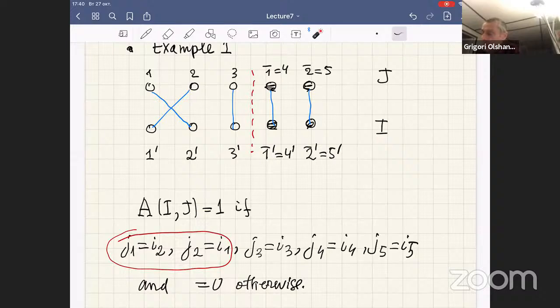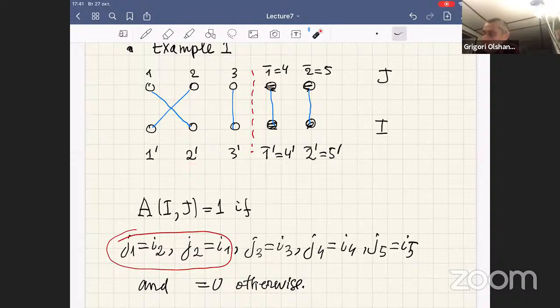The operator which corresponds to this picture is as follows. The matrix element is either 1 or 0. It is equal to 1 if J1 is equal to I2, because position 1 at the J level is joined to position number 2 at the I level, okay?